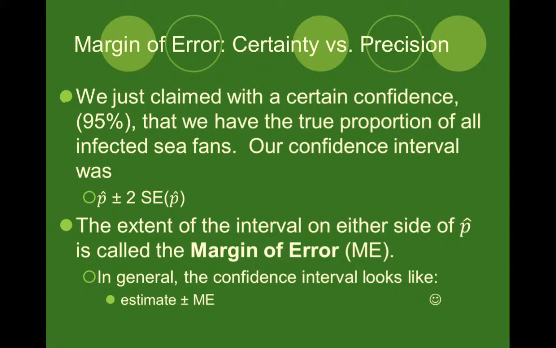It's your estimate, so in our case our sample proportion, plus and minus your margin of error, where your margin of error is how many standard deviations you are from the mean times the standard error. And again, the margin of error is how far you are above and below what your sample proportion was.